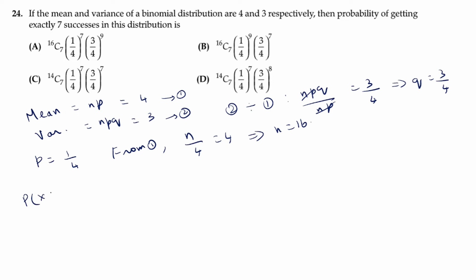So probability of exactly 7 successes, it will be nCr, 16C7, then 1 by 4 the whole raised to r, r is 7, then we have 3 by 4 the whole raised to n minus r, 16 minus 7 is 9. So probability of x equal to 7 is 16C7 (1 by 4) raised to 7 into (3 by 4) raised to 16 minus 7, which is 9. So the correct option is option A.